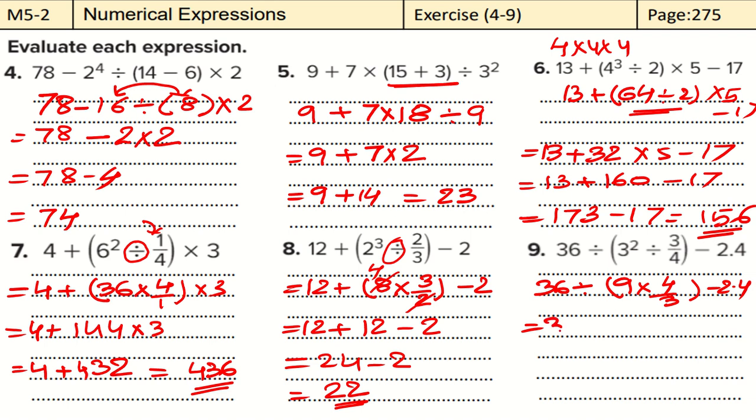Now 36 divided by, see, 9 divided by 3 is 3, and 3 multiplied by 4 is 12, minus 2.4. Now 36 divided by 12 is 3, minus 2.4, and 3 minus 2.4 is 0.6. This will be the answer.